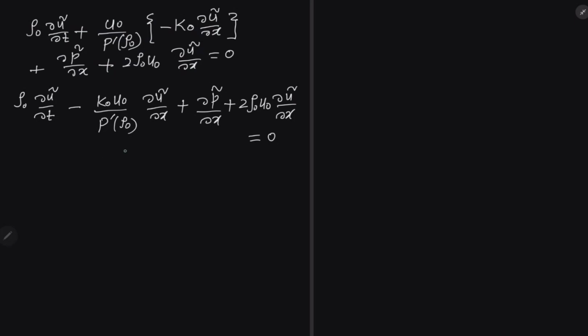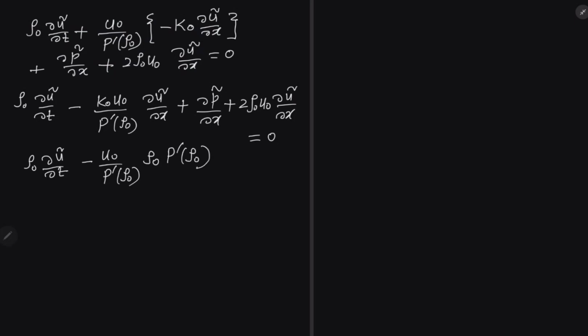It was in fact rho naught partial u tilde by partial t minus u naught over p dash rho naught, and we put the value of k naught, and that value is rho naught p dash rho naught.